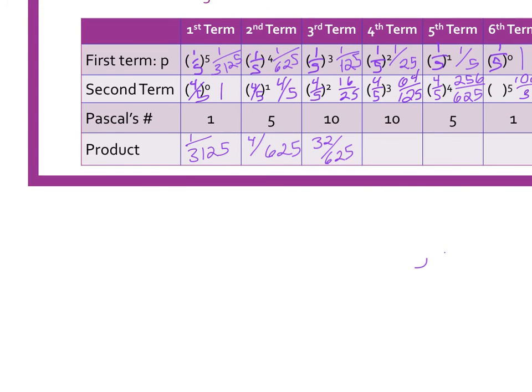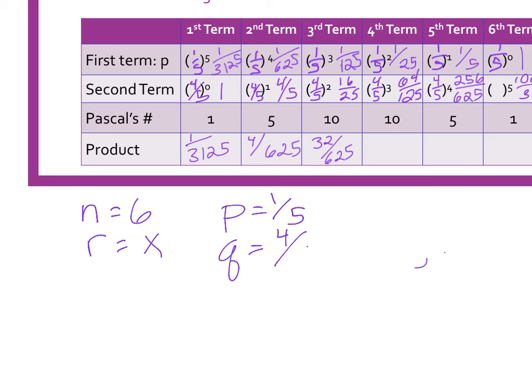So we have n is 6, r is going to be our x value, p is 1/5, and q is 4/5.